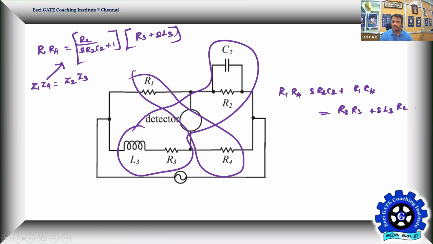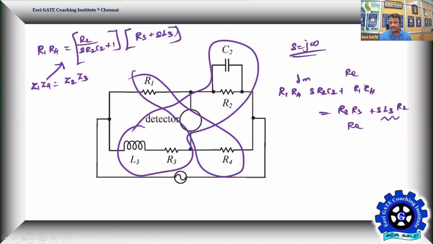Now we are looking for the real balance. This is going to be the imaginary and this is the real. If I set S equal to jω, straight away let us play. This is again the real, this is the imaginary. So now we already have the expression based on L3. We need only the value of R3.